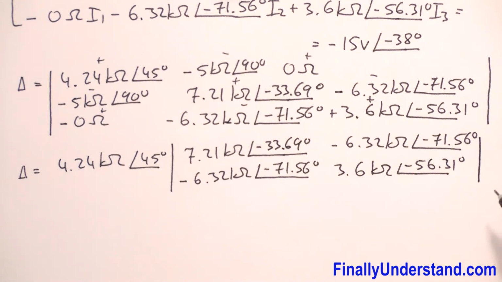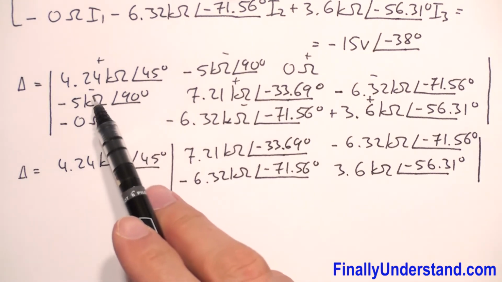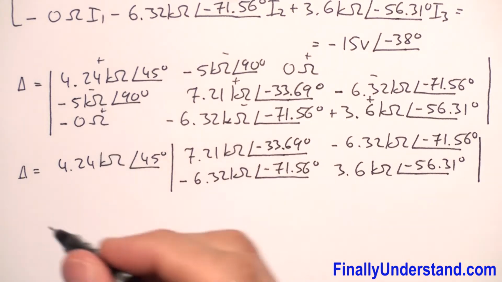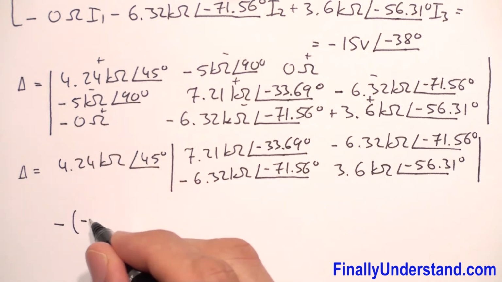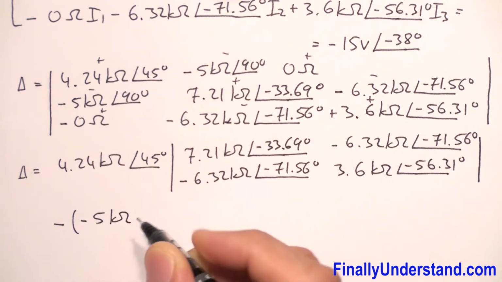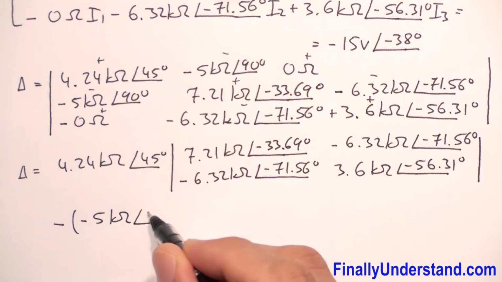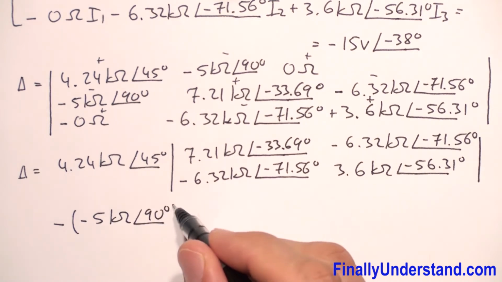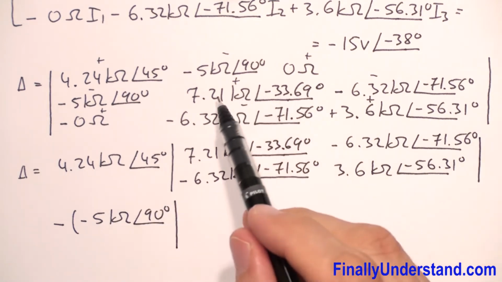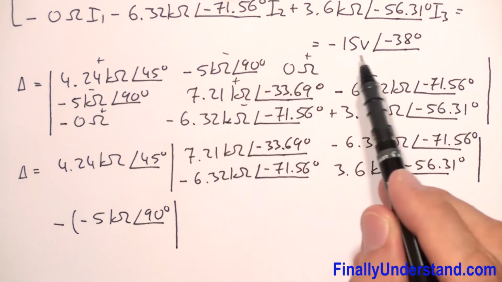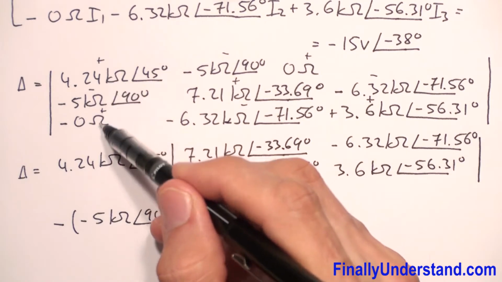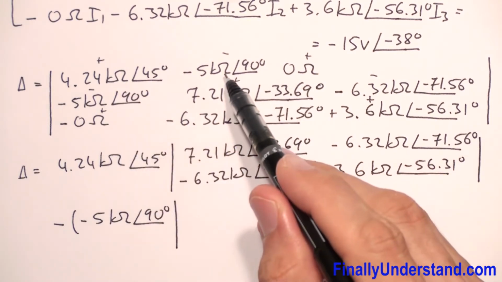and now I have to look at this sign. So I have minus, okay, so I have minus and I have negative 5 kilo ohms and angle of 90 degrees. Okay, so now I cannot use the rest of this row, and I cannot use anything else from this column, so I have to just use whatever is left.